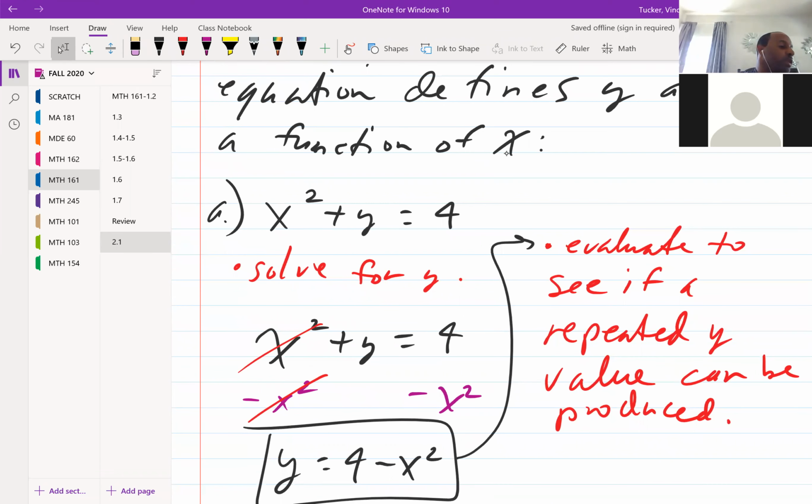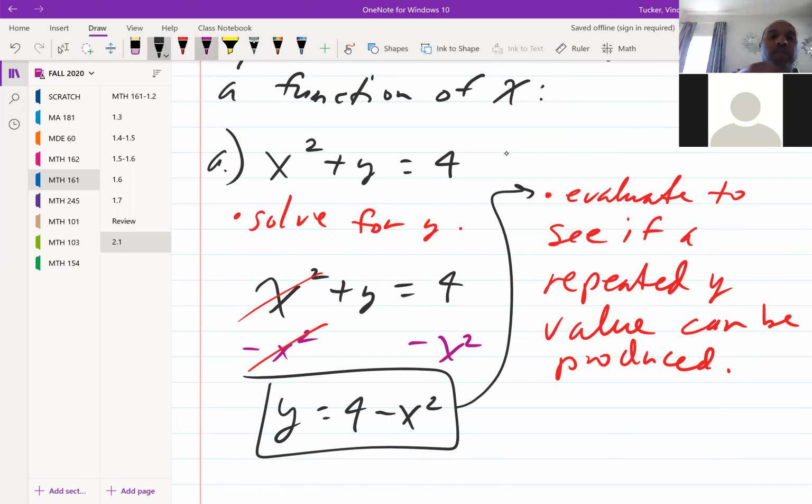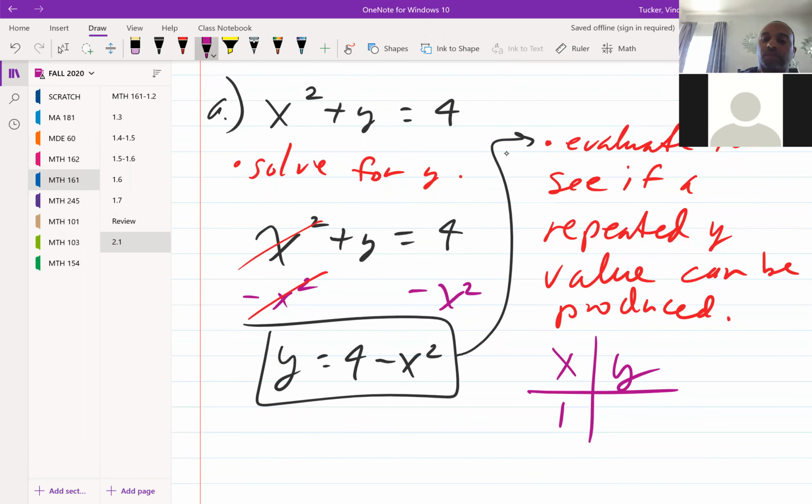And you'll see when we do the next example, you'll really see the difference between the two equations, and what would actually give you a scenario that's not a function versus what scenario would produce a function. So create an XY chart. Yeah, I can plug in -1.